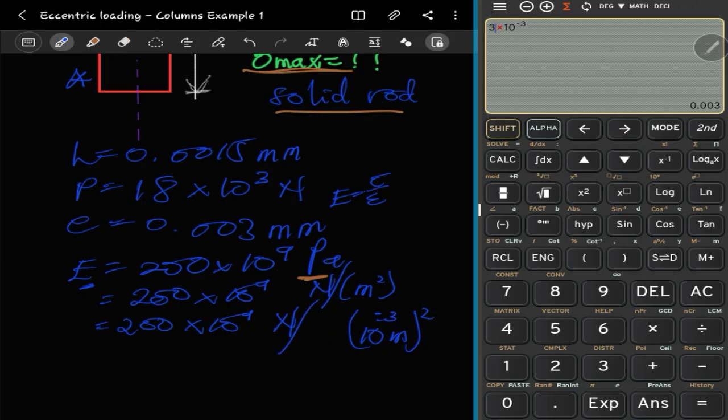To cancel just this 10 to the power minus 3, which is squared, we have to introduce a times 10 to the power 6 at the bottom. So this 10 to the power 6 right here cancels this one, because 10 to the power minus 3 squared gives us 10 to the power minus 6, which is cancelled by this.